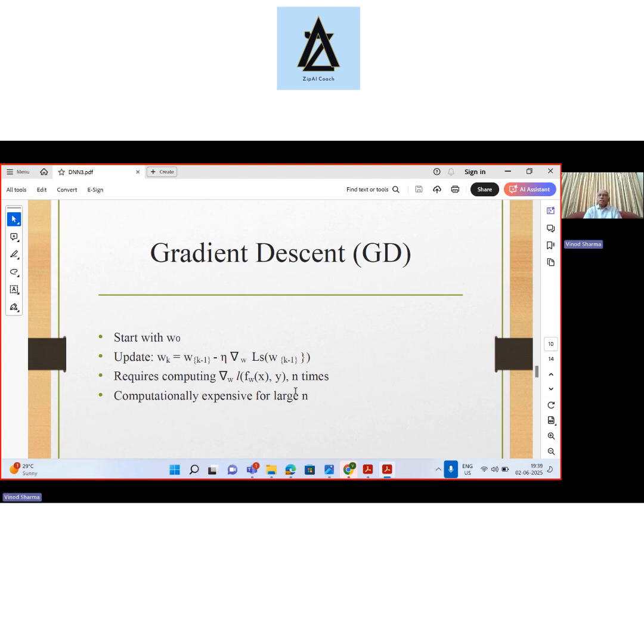And in general, in deep neural networks, n will be very large. Therefore, computing each of these steps is computationally very expensive if we want to use the gradient descent algorithm to solve this empirical risk optimization problem. And in case you want to use the regularized risk, then again this term will be there, so the computational cost will be of the same order.